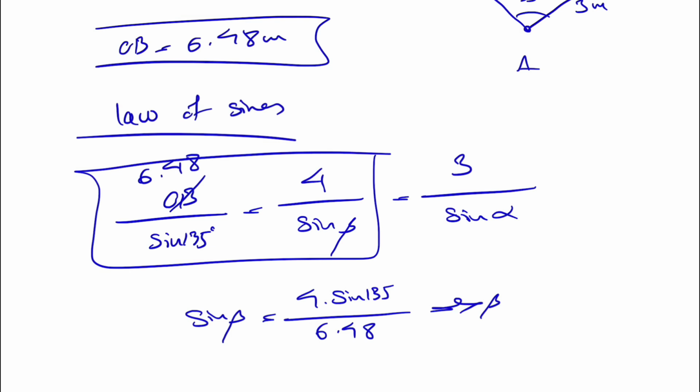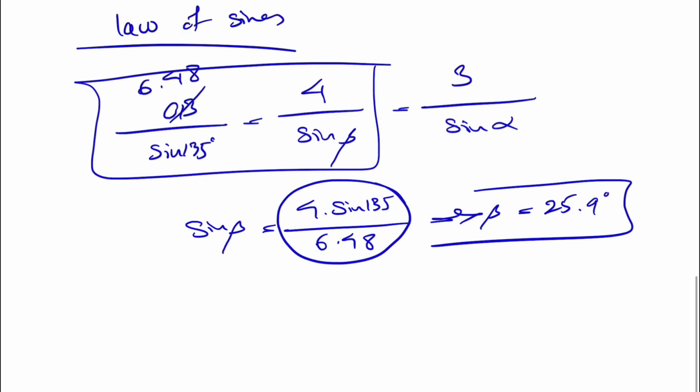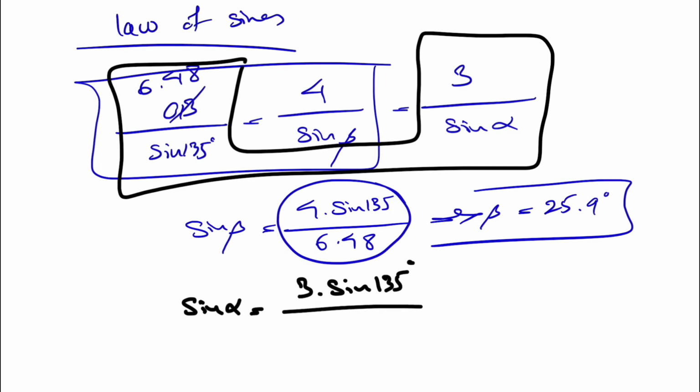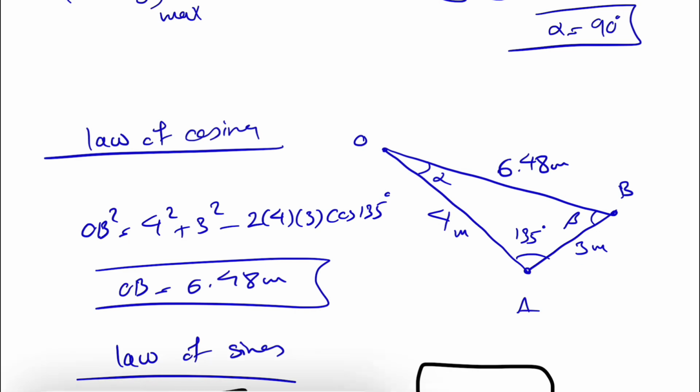And from here, our beta would be sine inverse of this amount, which will be 25.9 degrees. So that's our beta, and alpha, we can consider these two for finding the alpha. So sine of alpha would be 3 times sine of 135 degrees divided by 6.48. And from here, our alpha will be 19.11.